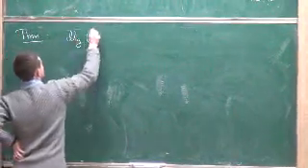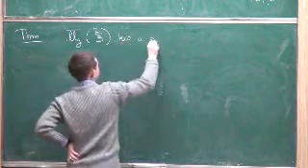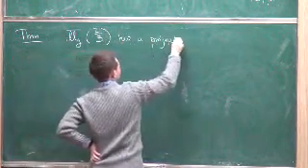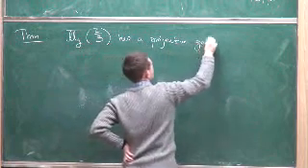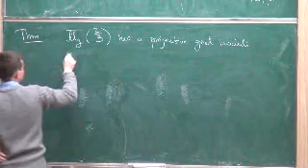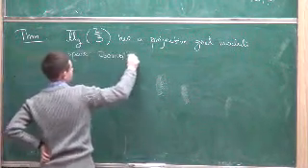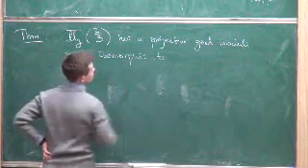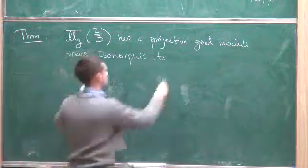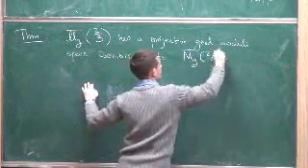The theorem is that M_g-bar of 2/3 has a projective good moduli space isomorphic to M_g of 2/3, the log canonical model.